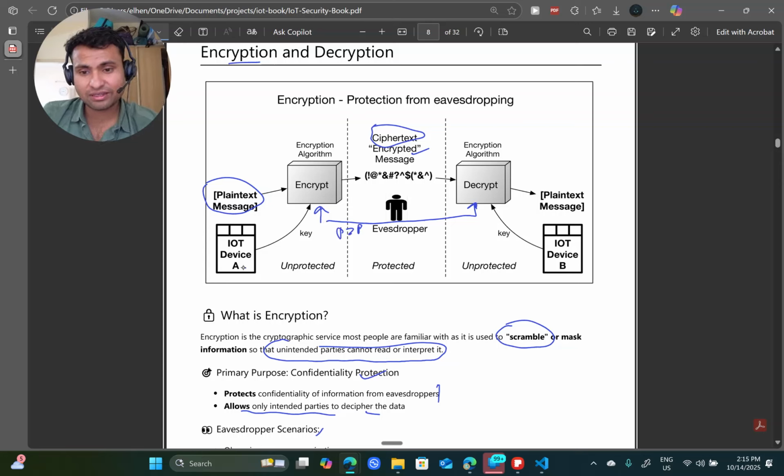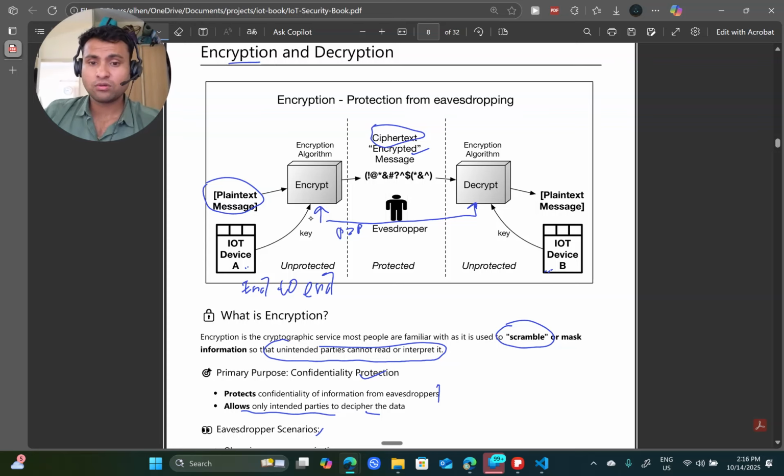And if IoT device A and IoT device B themselves are making the decision, then it is known as end-to-end encryption. Many encrypted protocols operate only on a point to point basis, ensuring that the communication channel itself is secured, and there is a threat model for that.